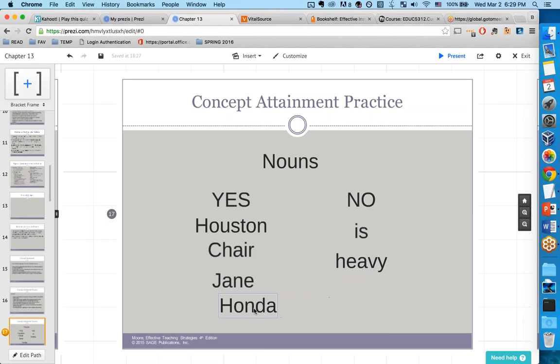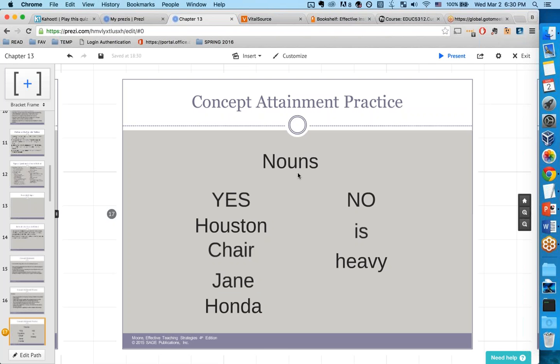No or yes? Yes. Okay, so now you see the difference between the examples and non-examples. By telling you these examples, consider that I never gave you the description of a noun. Maybe by looking at the examples, you can figure out what a noun is.